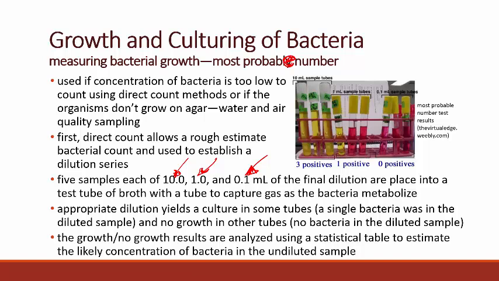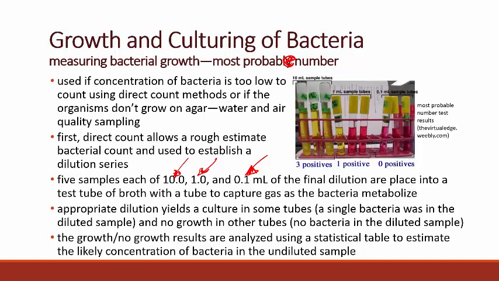And so you would take that 520 number and look onto the statistical table, and you follow the 520 line over, and you see that the most probable number is 50 bacteria cells per 100 mils of broth, or of whatever you were sampling.